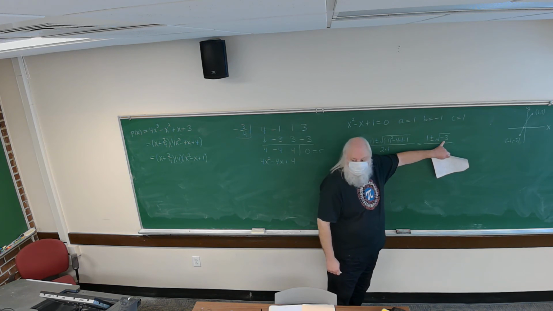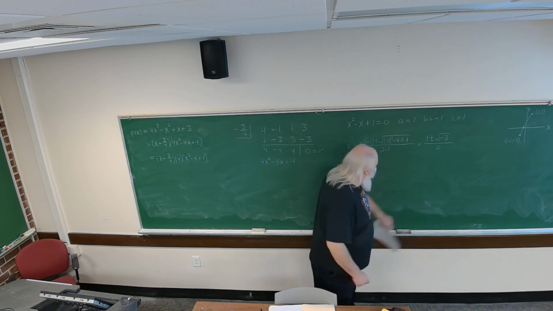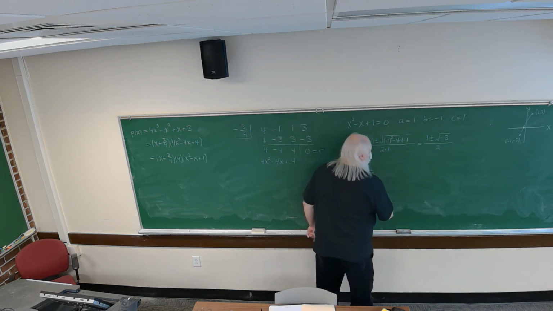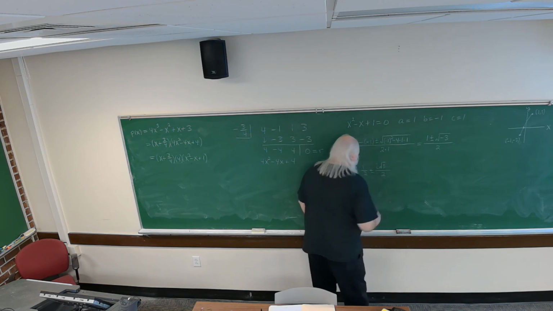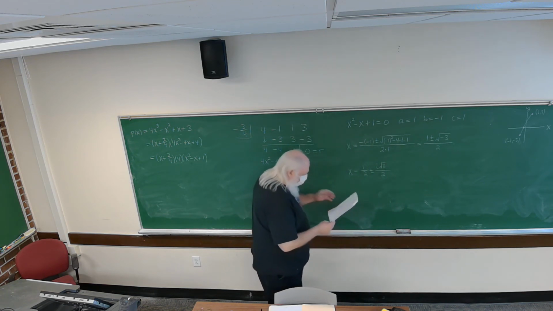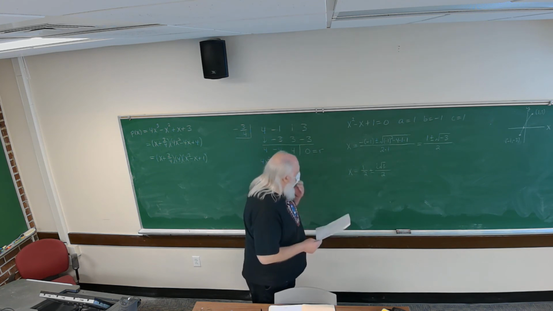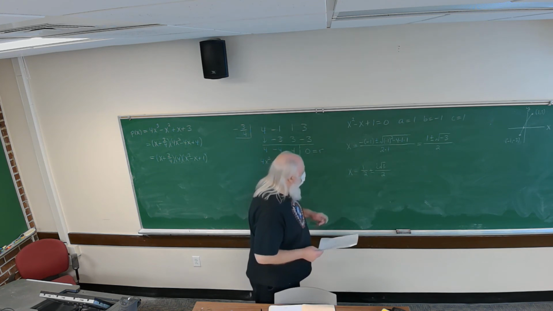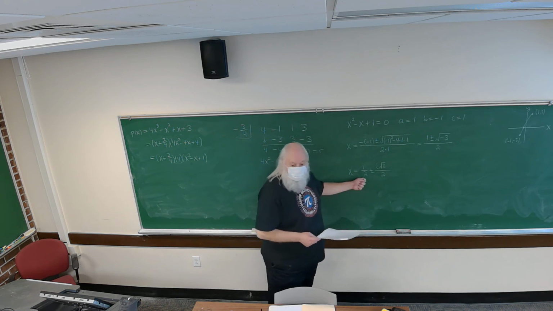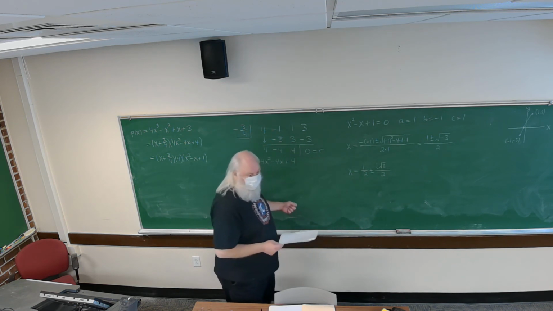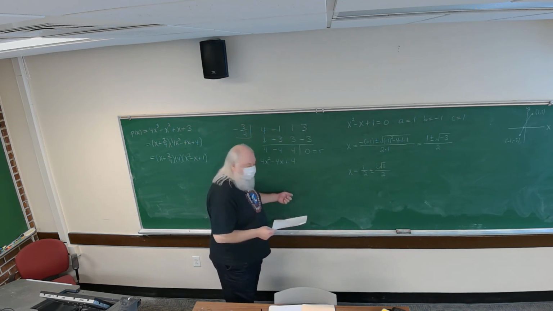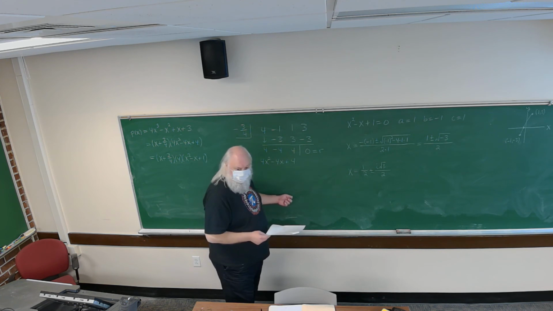So how do we write that? i root 3. So our last two zeros are complex numbers. Right, they didn't come from our possible list of rational zeros.